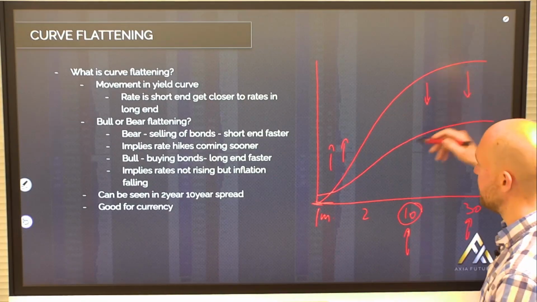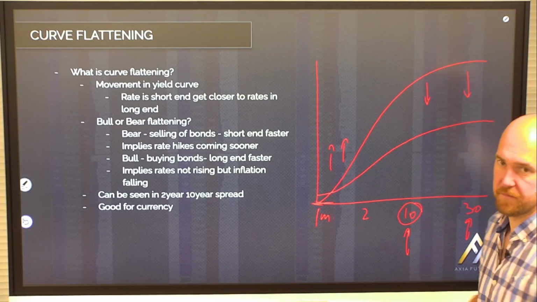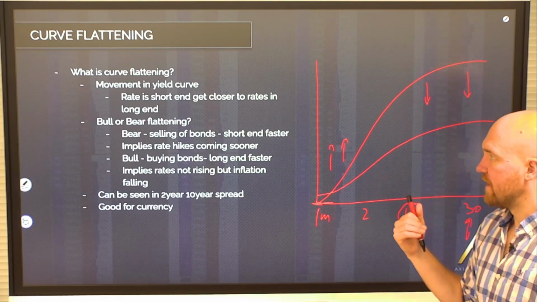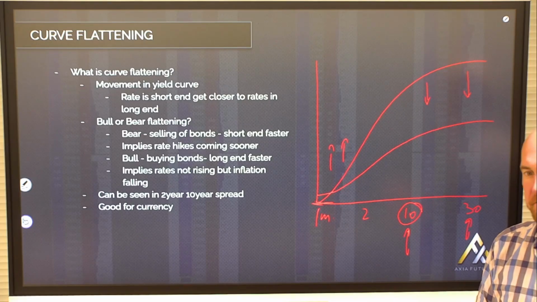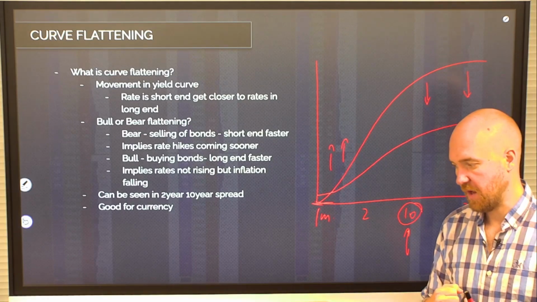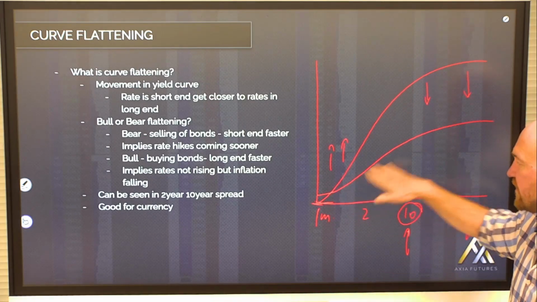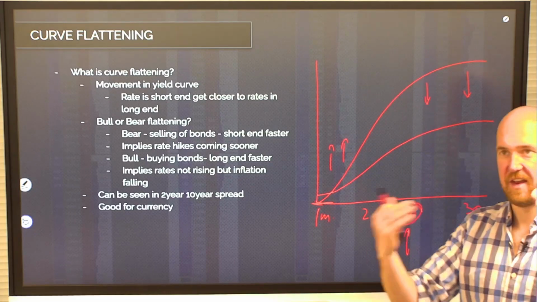So this has flattened both ways. The short end has risen, the longer end has fallen. In the initial move, you saw everything drop in terms of, and so, sorry, just very quickly, this is yield, so yield rising, just before I start saying everything dropped.